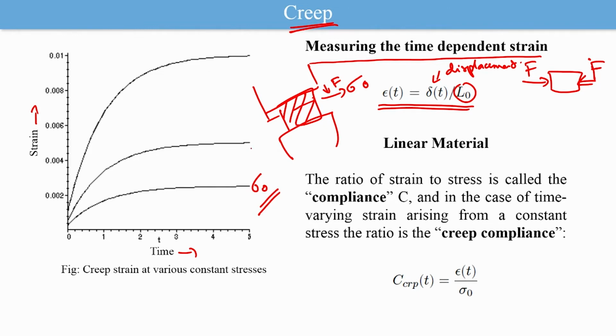Now, if you apply double the load, that is 2 sigma 0 and then 4 sigma 0, you can see that the strain observed will also get doubled. Like from sigma 0 to 2 sigma 0, the strain at every instant of time will be almost double. Okay. If you make it 4 times the initial value, it will become 4 times.